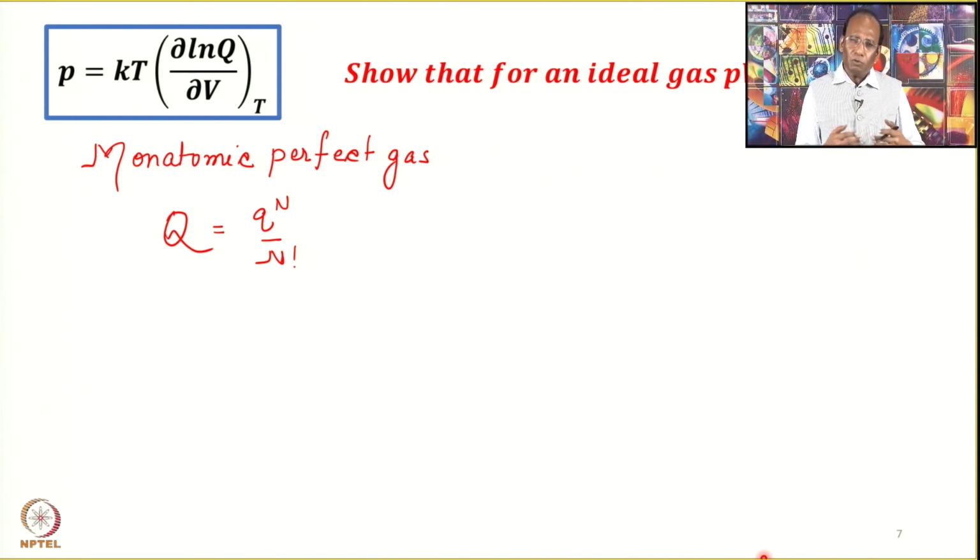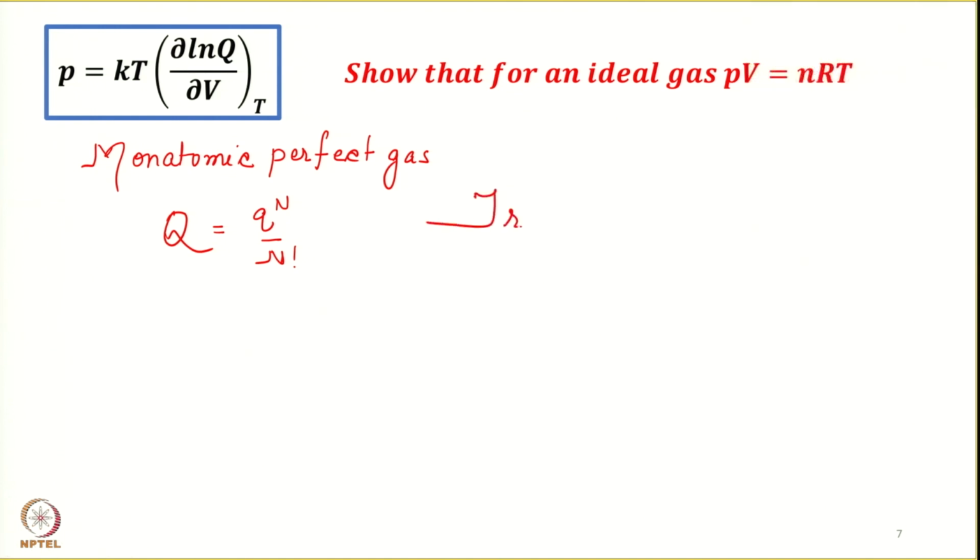Therefore, usually at normal temperatures, the electronic contribution to the partition function is equal to the degeneracy of the ground state, and the derivative of that number will be 0. So, for the time being we will ignore that, and we will only consider the translational contribution.